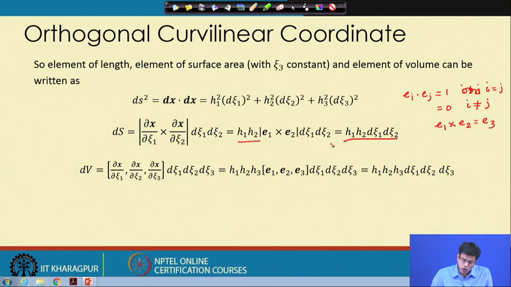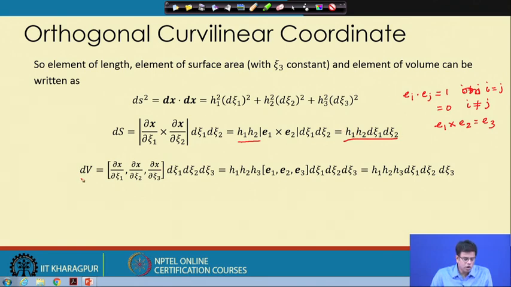You see carefully that h1 and h2 get multiplied with the usual d xi1 and d xi2. This scale factor is the term you need to consider when you talk about the general curvilinear coordinate system.